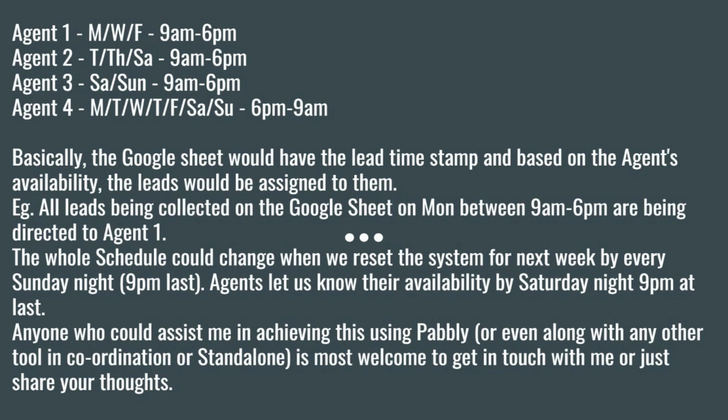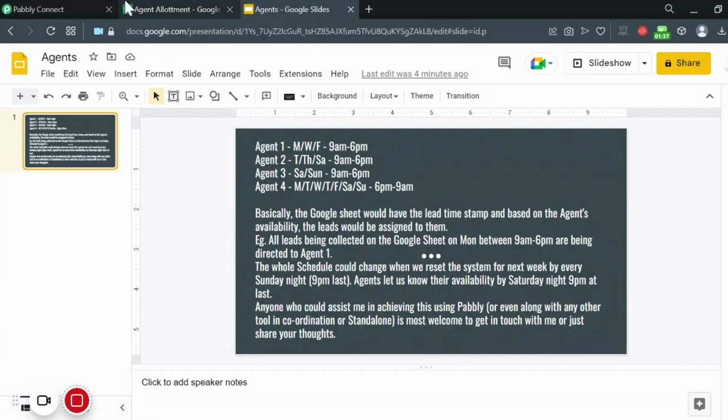So I have created a workflow where, whenever a new lead is added in the Google Sheets, we'll pick up the timestamp and lead information, look out for the agent who is available at that time, and then assign the lead to that agent. Here is how it works.